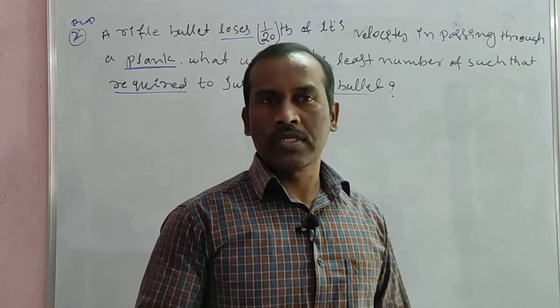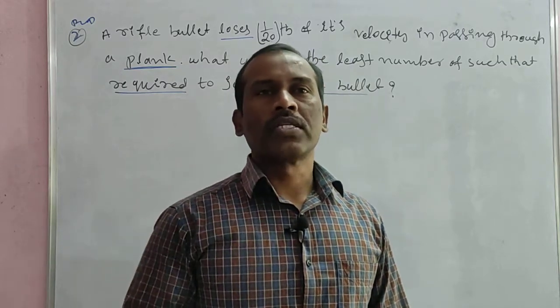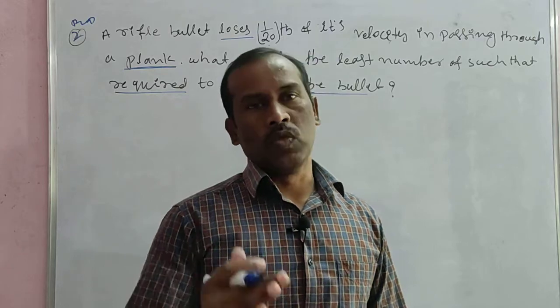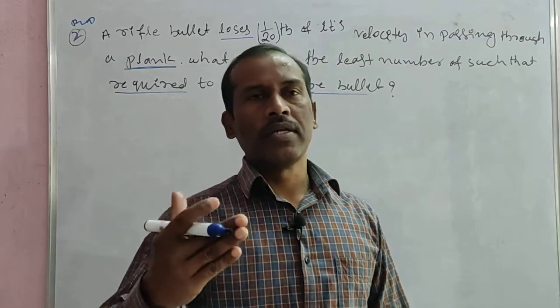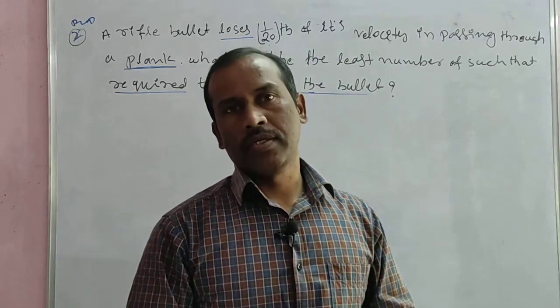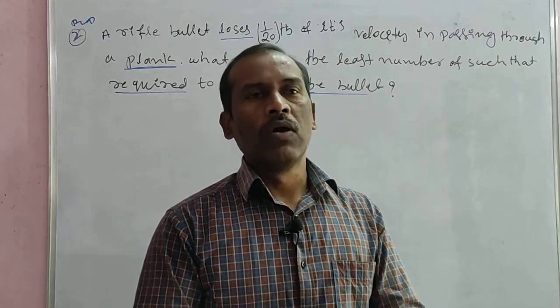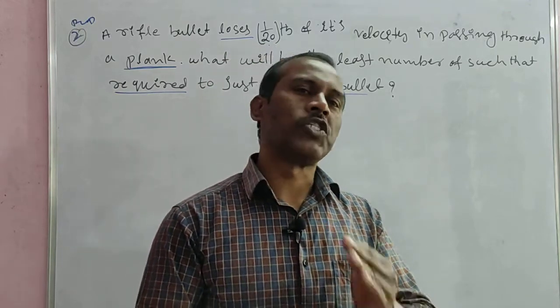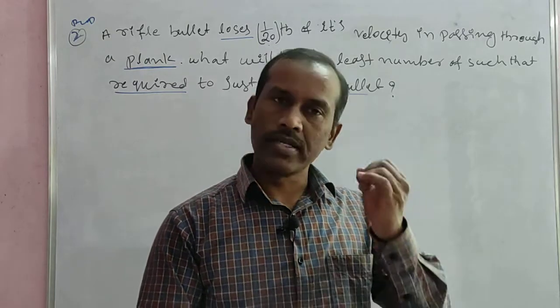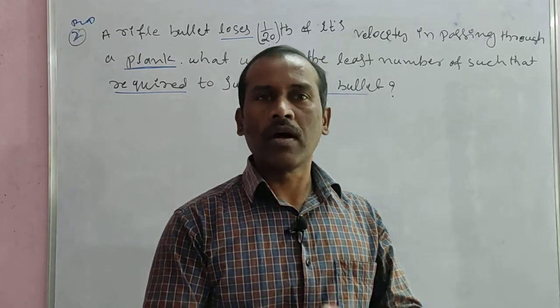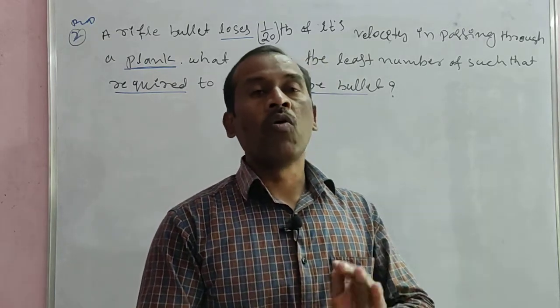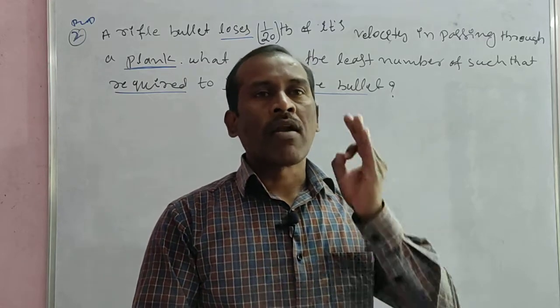Here, first of all, the initial velocity of the bullet is u. The bullet strikes the plank, so the velocity is reduced to 1/20th of its initial velocity. After that the bullet is stopped, how many planks are required?